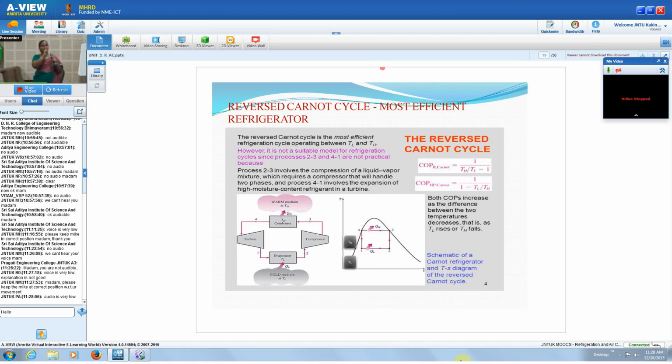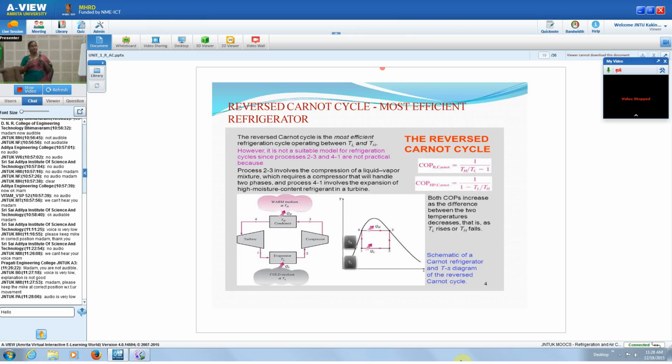If you take the numerator and denominator for finding the COP of the refrigerator, you will get the relation TL by (TH minus TL), which can also be expressed as 1 by (TH by TL minus 1). That is the relation for the COP of the refrigerator.